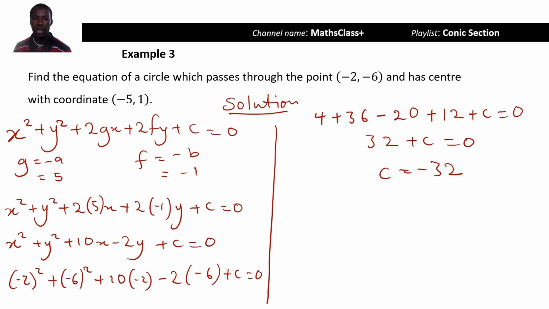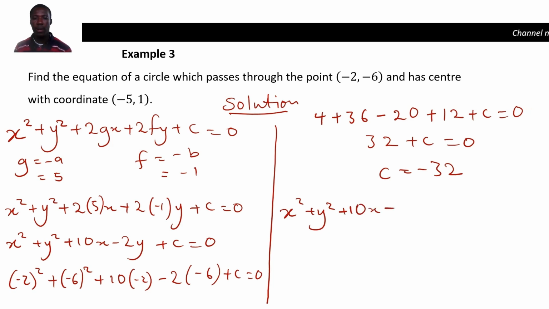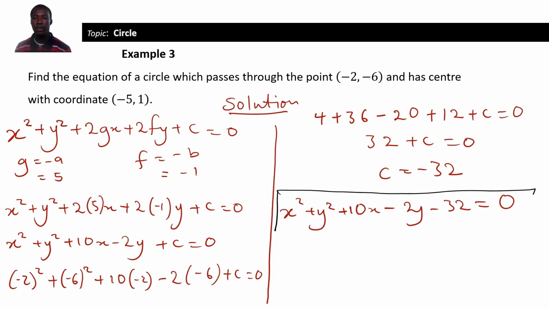Now substituting the c into the equation, I get x squared plus y squared plus 10x minus 2y minus 32 is equal to 0 as the equation of the circle.